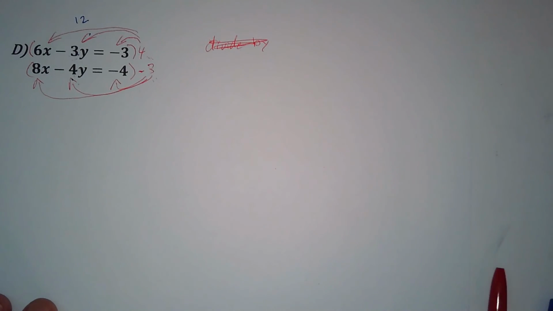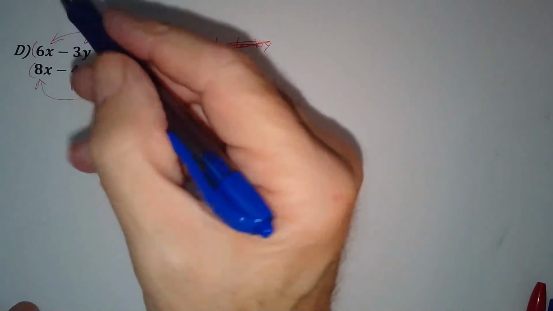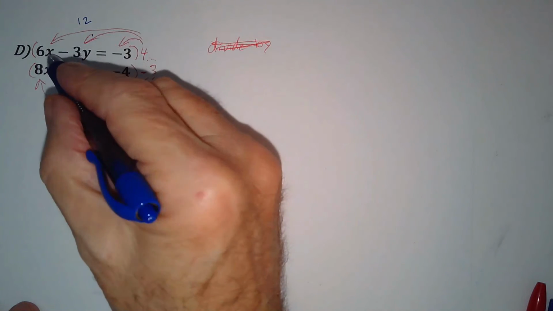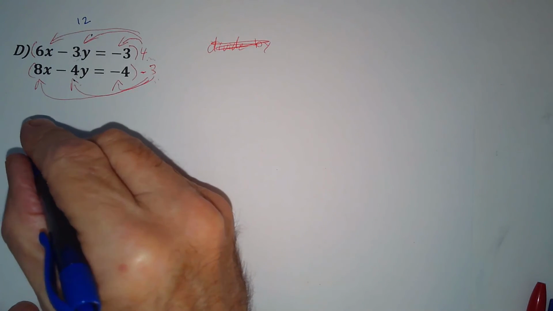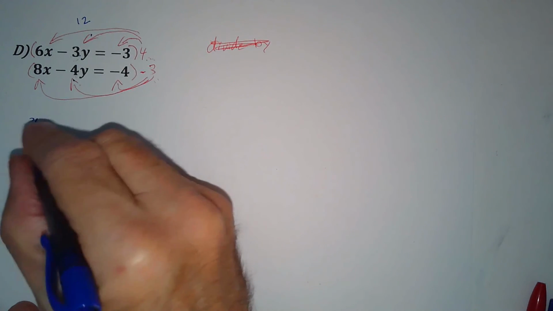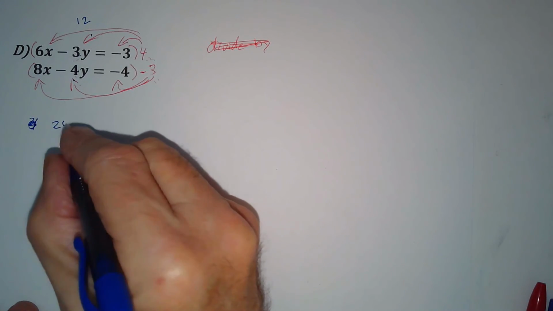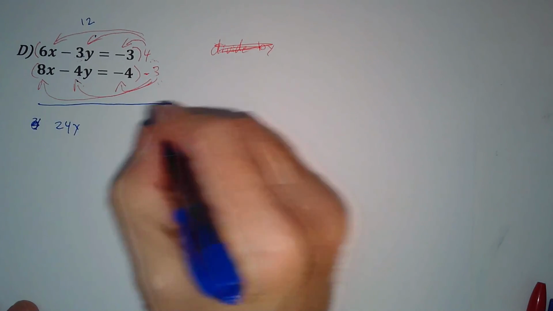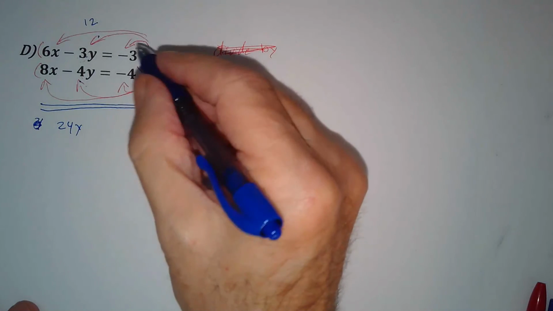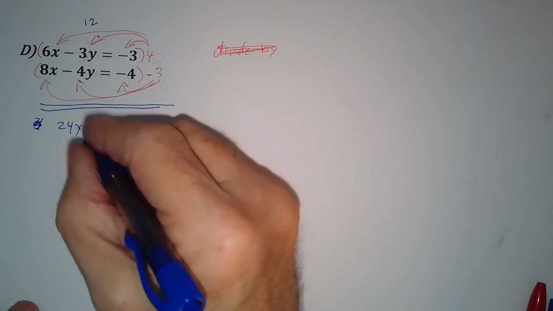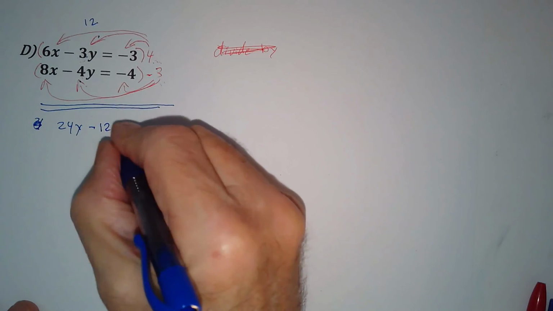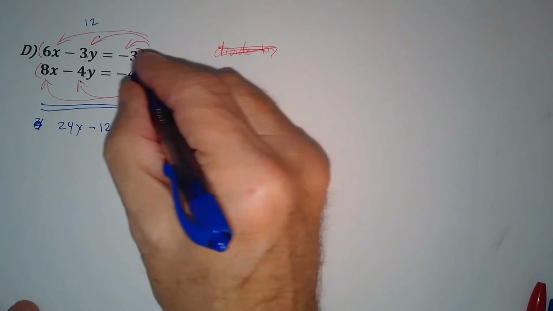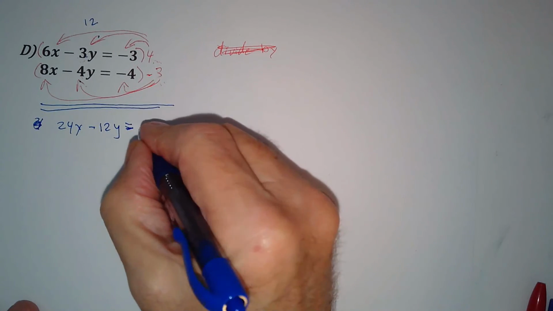Okay? So I'm going to rewrite each of these equations. 4 times 6 is 24, so I have 24x's. Let's do a double line. And 4 times negative 3 is negative 12y's. And 4 times negative 3 is negative 12.